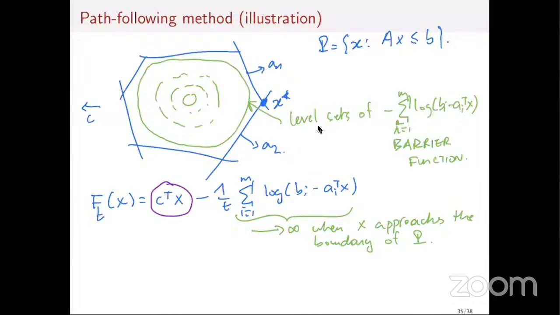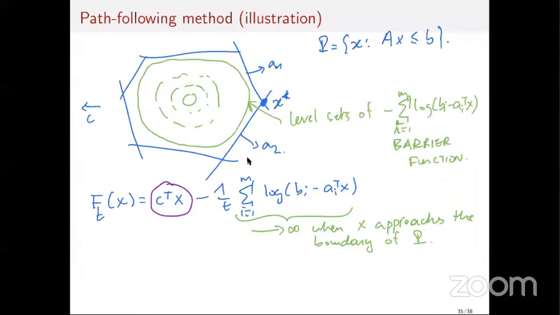you can see that if t is very, very small, then the barrier term dominates the c transpose x term.